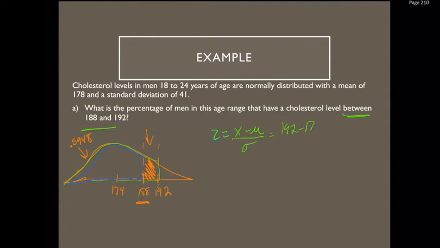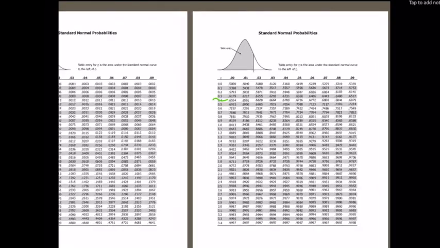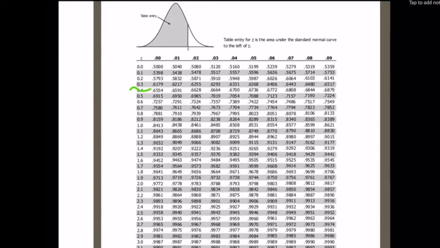So I've got 192 minus 174 over 41. That gives me 0.34. Now I need to find the z-table value. So I take this 0.34, that's my z-score, to the z-table. So I see 0.3, I go to 0.34, and I see it has a z-table value of 0.6331.